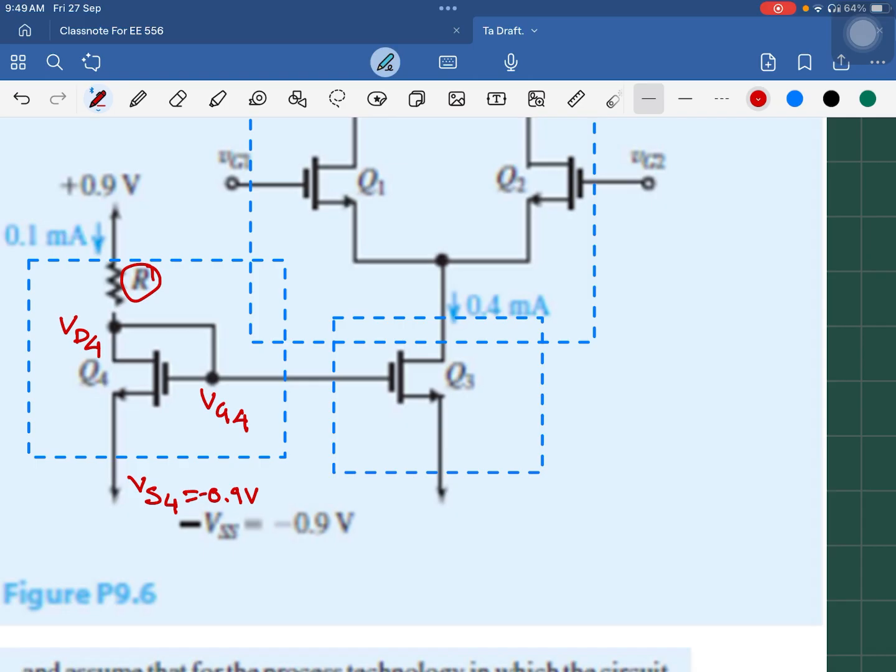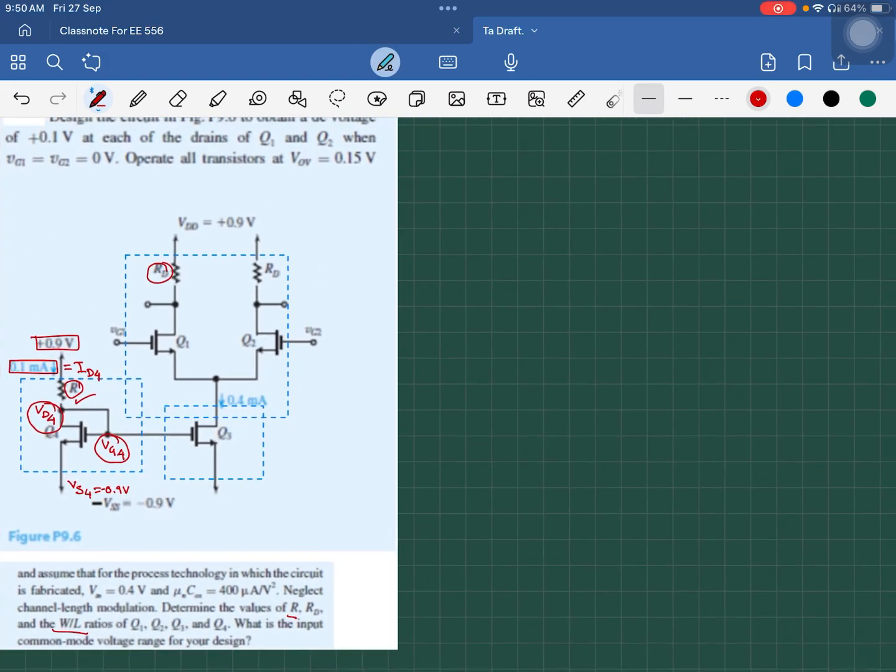If we have this VG4, then we will find VD4, and then from VD4 and VDD, the voltage difference divided by the current ID4 will be my resistance. So let's figure it out.